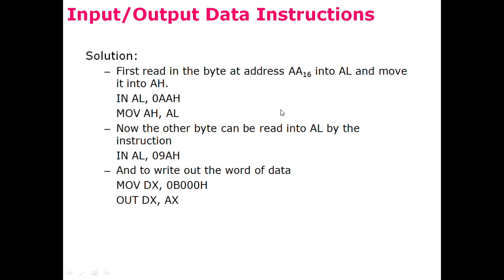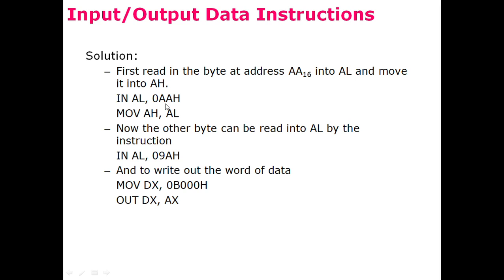To do this, first read in the byte at address AA16. From this input port, the single byte is read into accumulator AL. This is the fixed input port address, so IN AL, 0AAH is used.